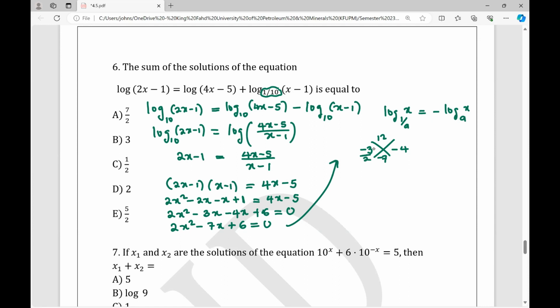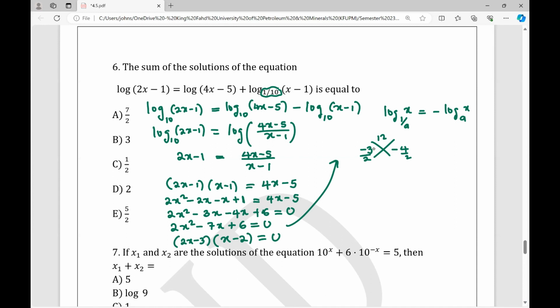Then you divide this by 2. So here, this is just going to be 2x minus 3 times x minus 2 equals 0.